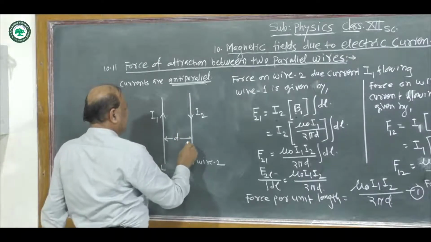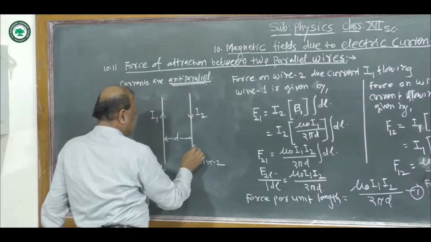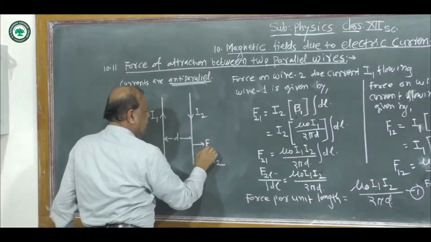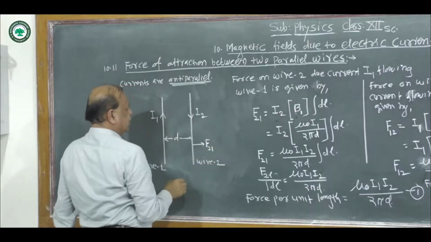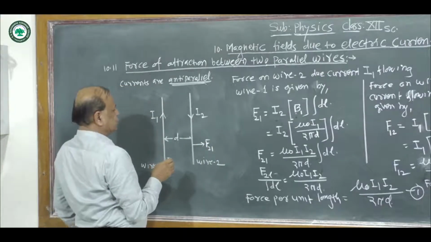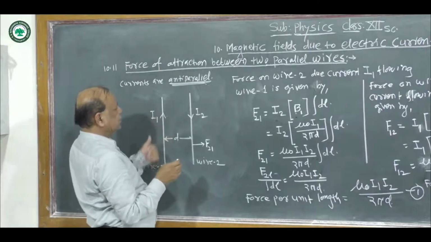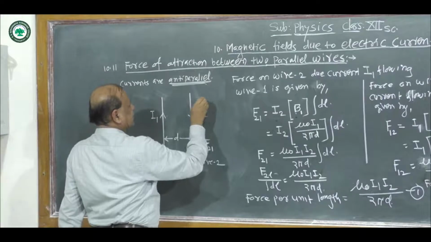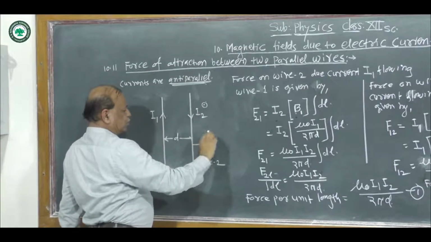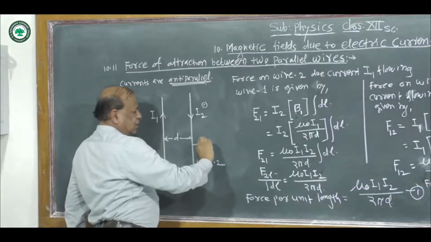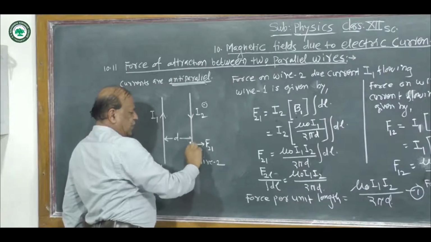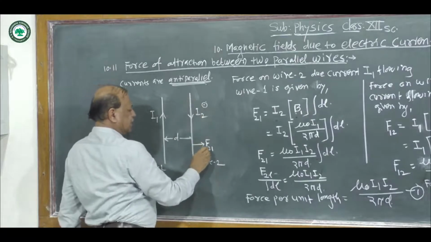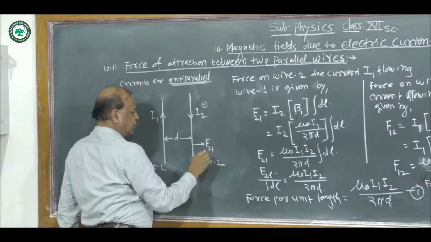Now the force acting on wire 2 due to wire 1 is in the outward direction, so the force will be away, outward from this wire. This is the force due to wire 2 on wire 1.